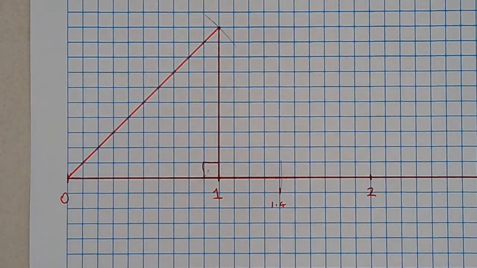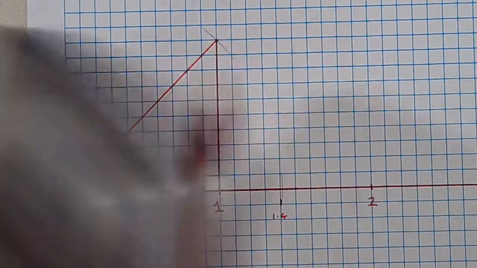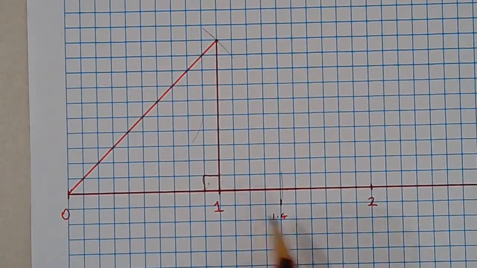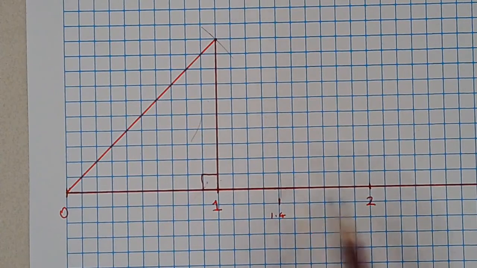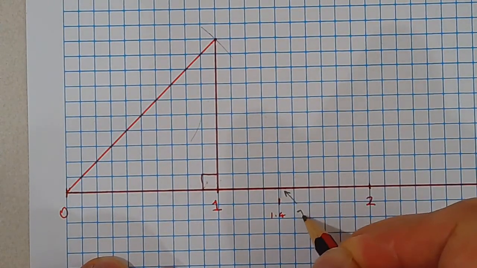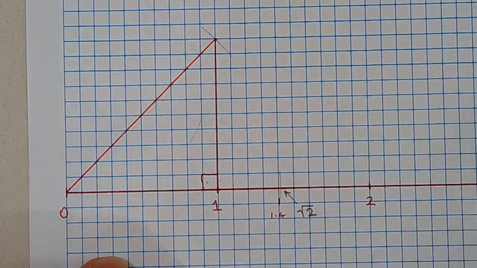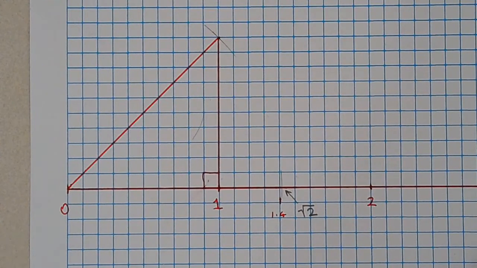Going back to the value of the square root of 2 on the calculator, 1.414. I think that's pretty close to 1.414. So that mark just there in fact represents the precise location of the square root of 2.